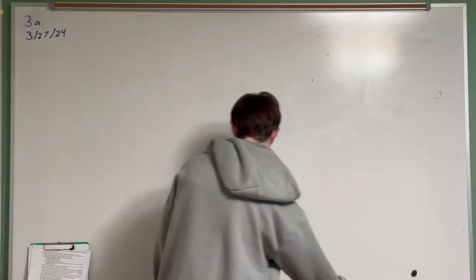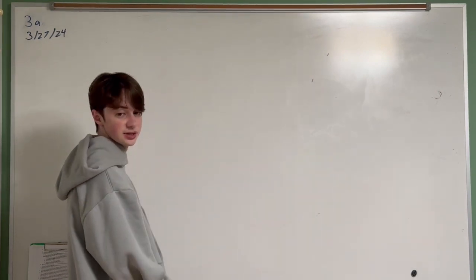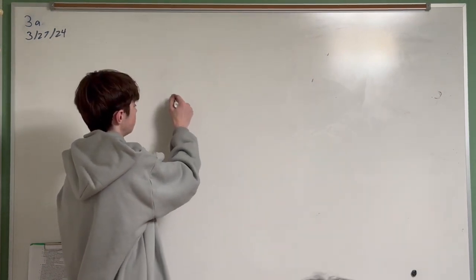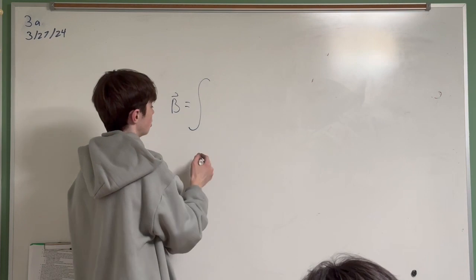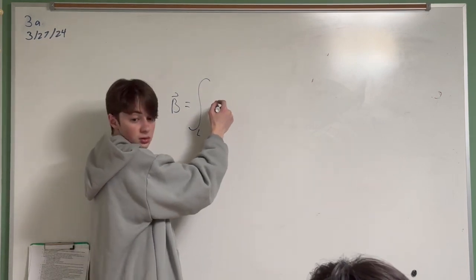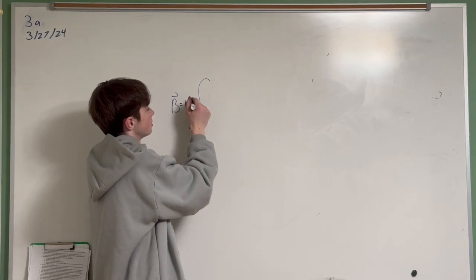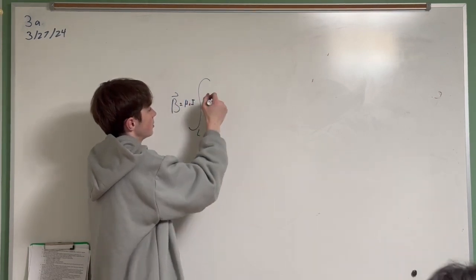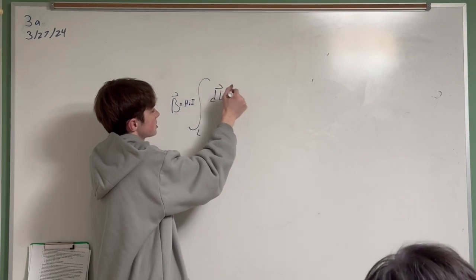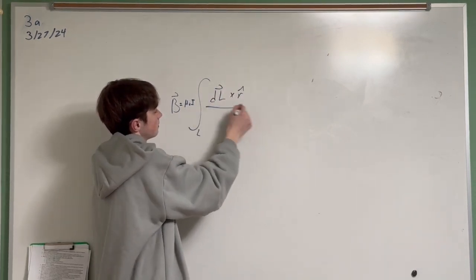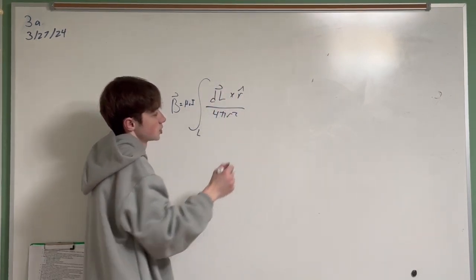So if you want to integrate both sides of that equation, you get the B vector as the integral over the length of the wire of all that stuff. And then you can usually just take out the permeability. What, Raja?